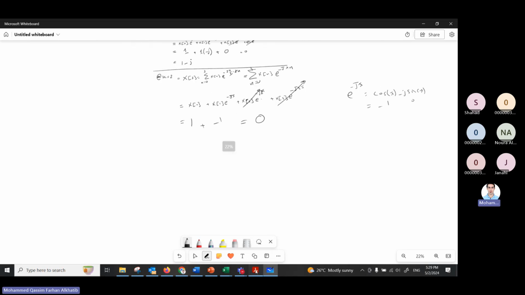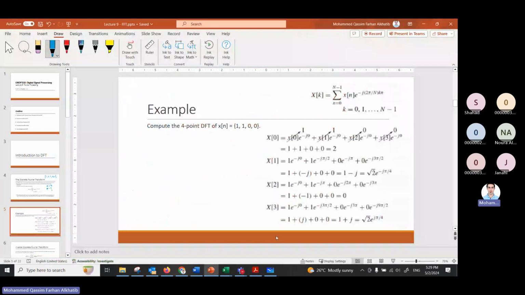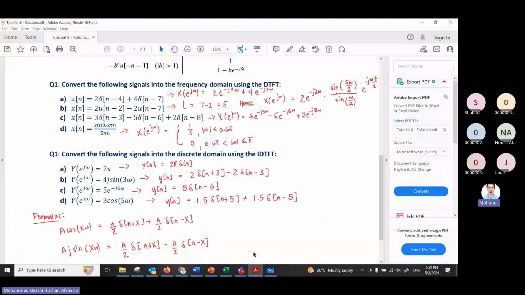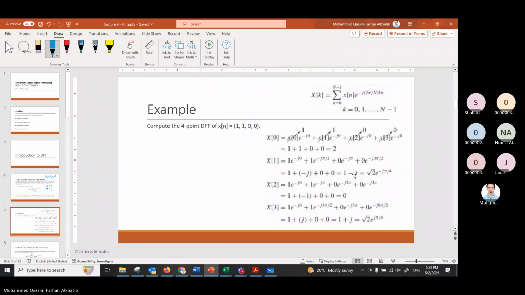Since the last question is already solved, I'll move on. So the first value was 2, I believe that's what we got here, 1 plus 1, that's a 2. And the other one, 1 minus j. You don't have to convert it; you can keep it in Cartesian coordinates. You don't have to represent it by magnitude and phase or the polar coordinates.